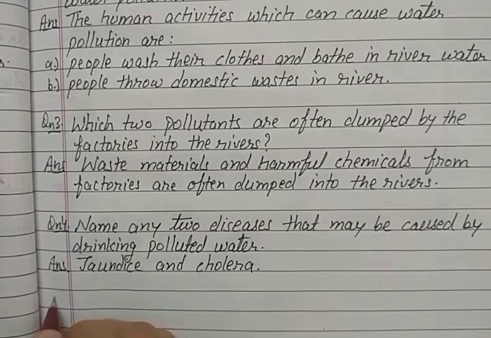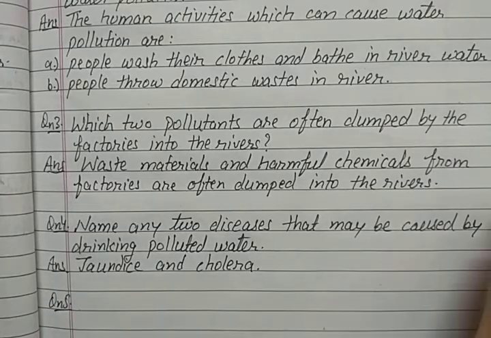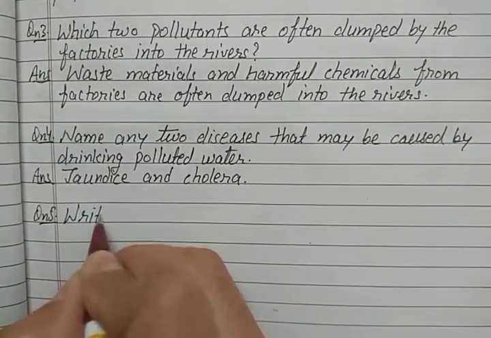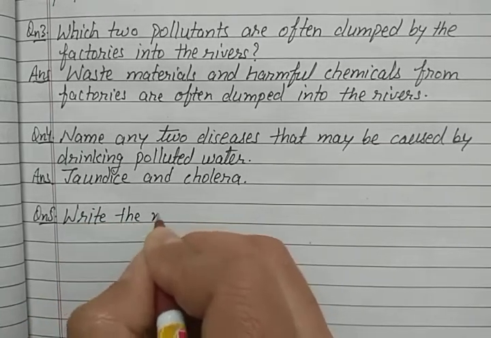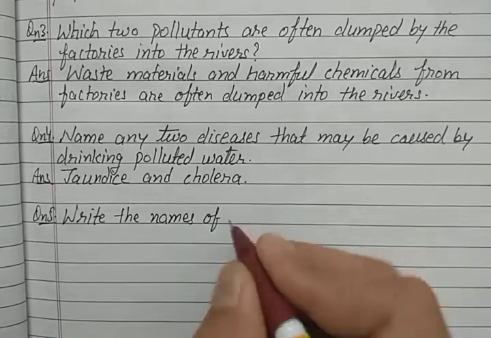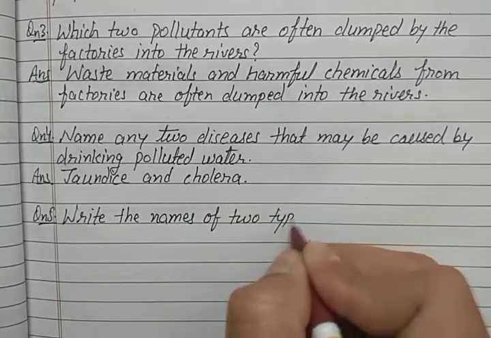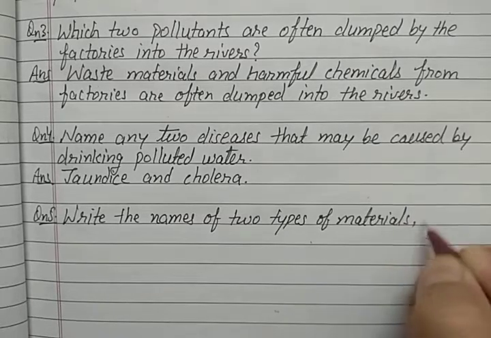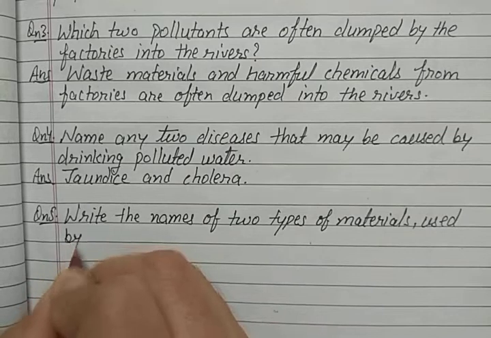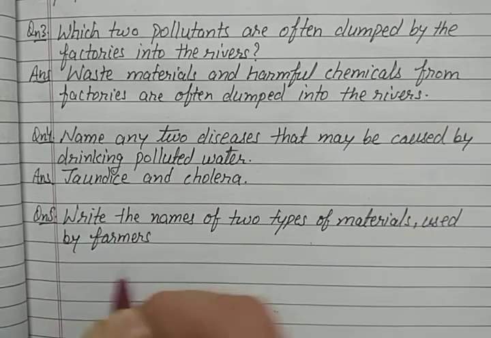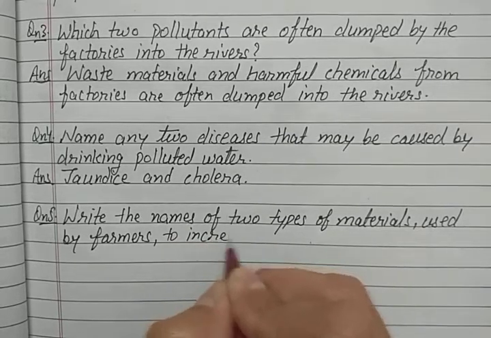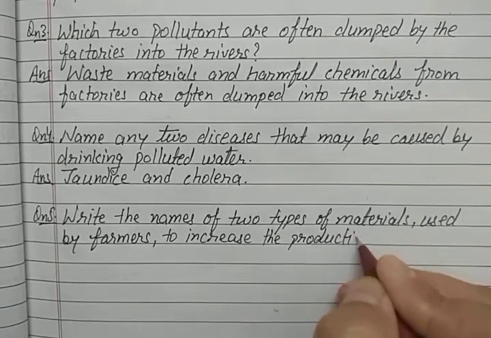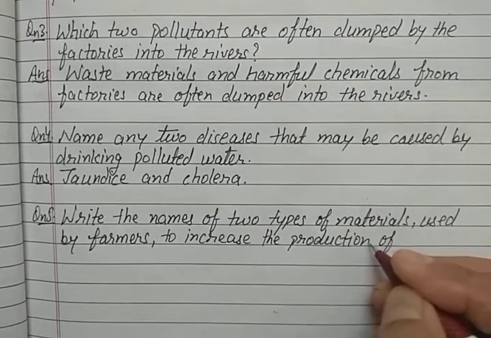Now the next question, number 5. Write the names of two types of materials used by farmers to increase the production of crops.